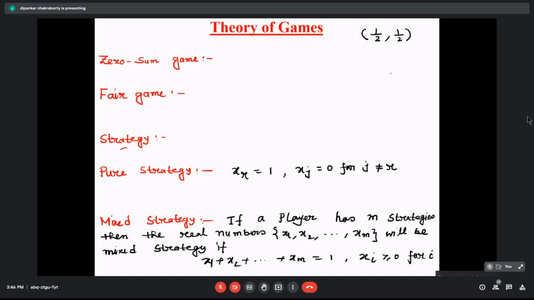So what is an example of a pure strategy? 1, 0, right? 0, 1, 0. These are the pure strategies. And when you consider 1 by 3, 2 by 3, 1 by 3, and 0, this will be a mixed strategy.